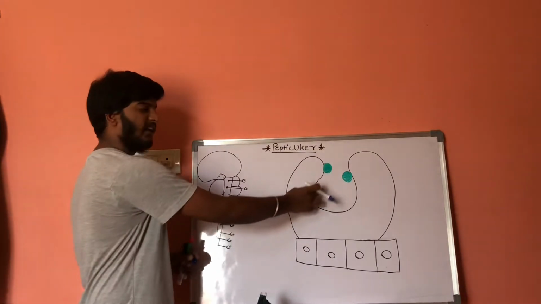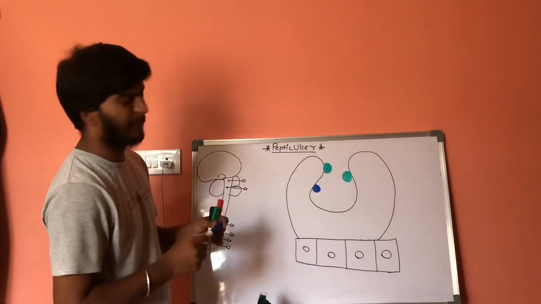This is the enterochromaffin cell and this is the parietal cell.